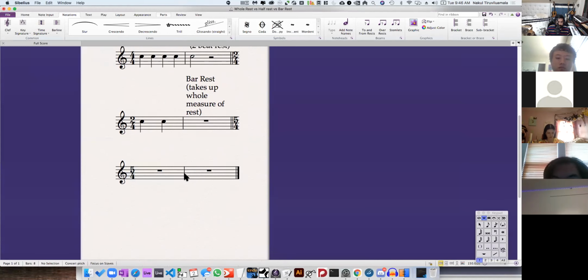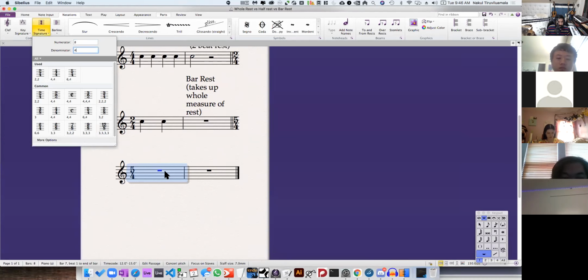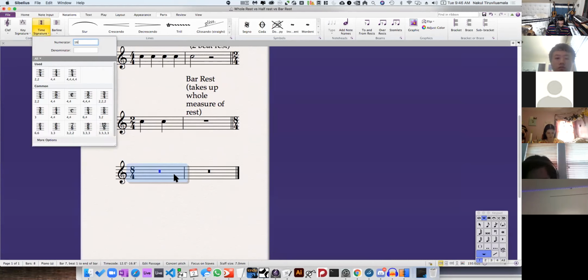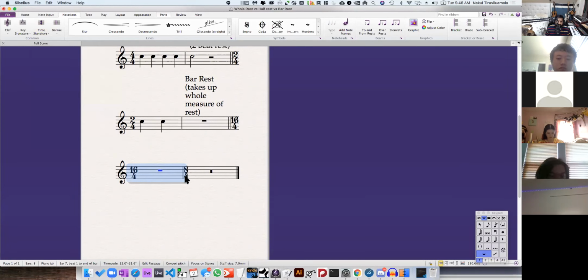If I make it a measure of 5/4, it actually treats this as a bar rest, right? But if I make this a measure of 8/4, it treats this rest as what they call a double bar rest, which is something that I don't see very often. I wonder what will happen if I make this measure 16/4, which is 16 beats. It goes back to a regular bar rest.